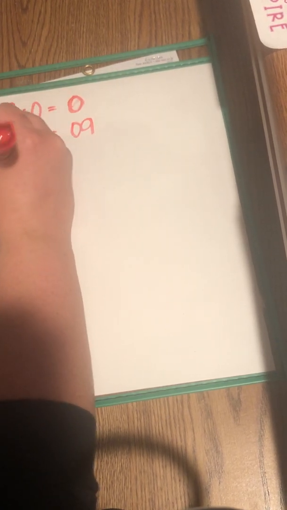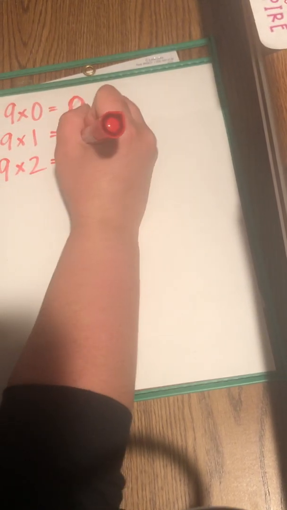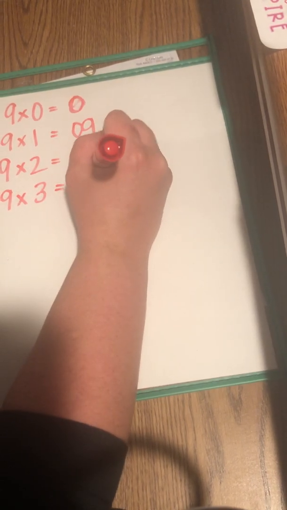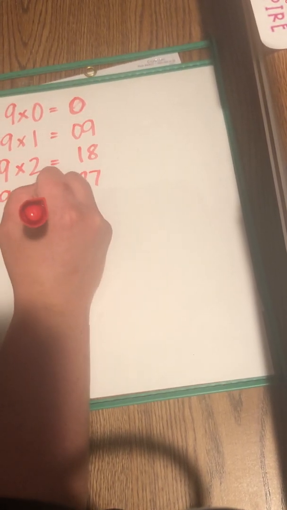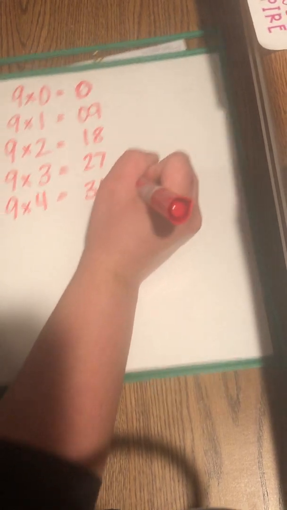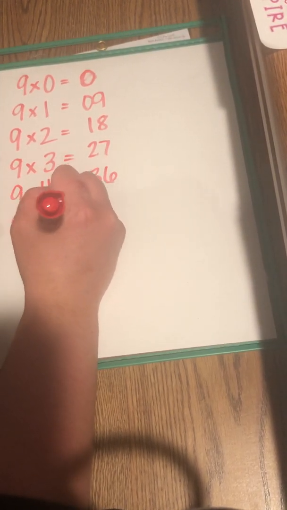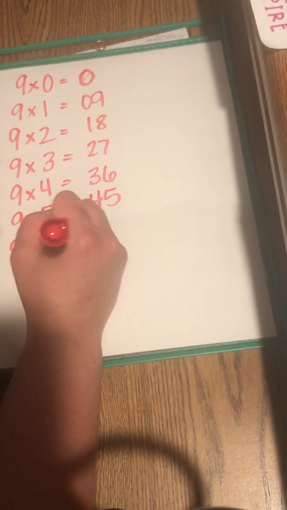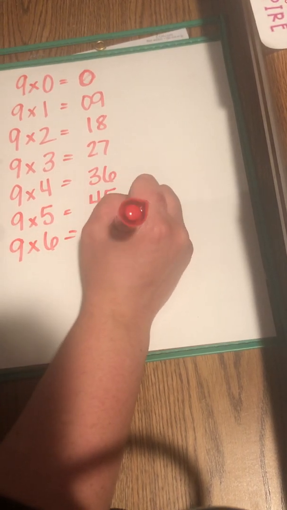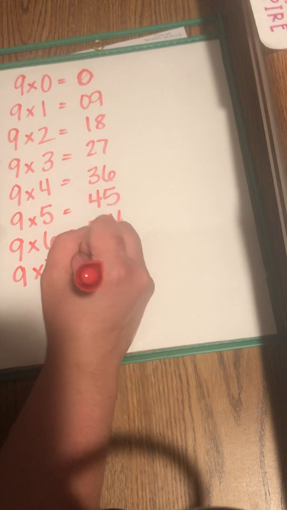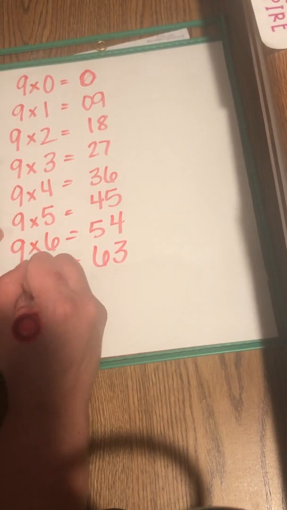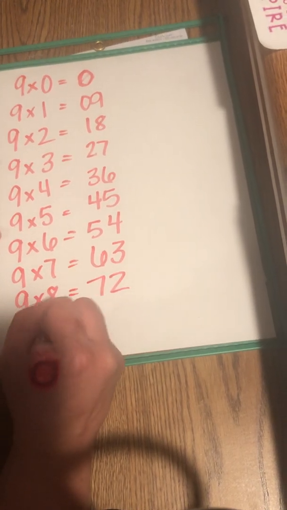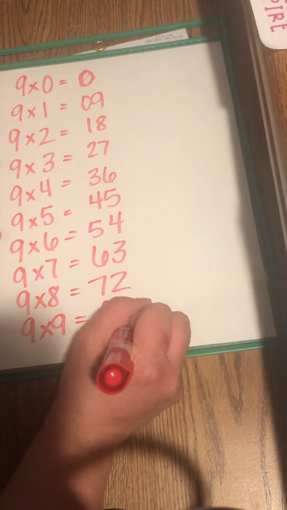I'm going to put that 0 in there. 9 times 2 is 18. 9 times 3 is 27. 9 times 4, say these with me, is 36. 9 times 5 is 45. 9 times 6 is 54. 9 times 7 is 63. 9 times 8 is 72. And 9 times 9 is 81.